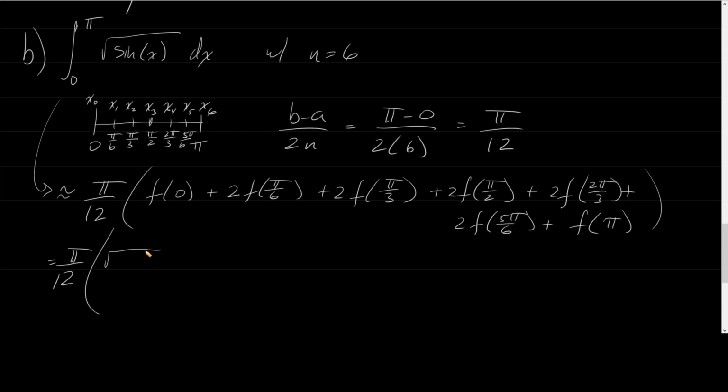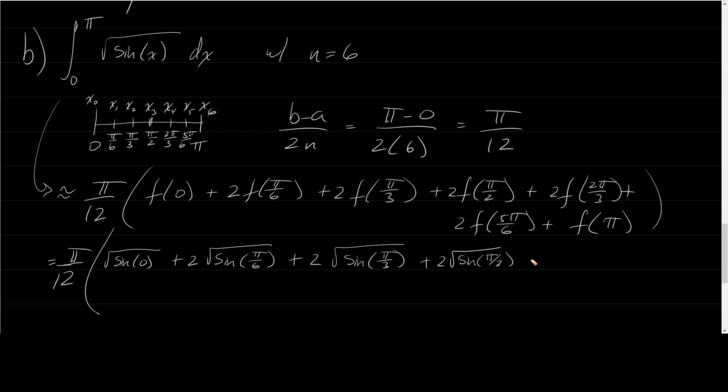So I've got the square root of sine of 0 plus 2 times the square root of sine of pi over 6 plus 2 times the square root of sine of pi over 3 plus 2 times the square root of sine of pi over 2 plus 2 times the square root of sine of 2 pi over 3 plus 2 times the square root of sine of 5 pi over 6 plus the square root of sine of pi. Alright?